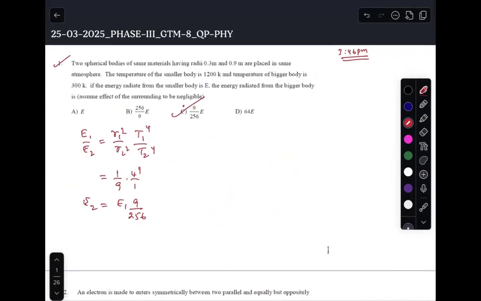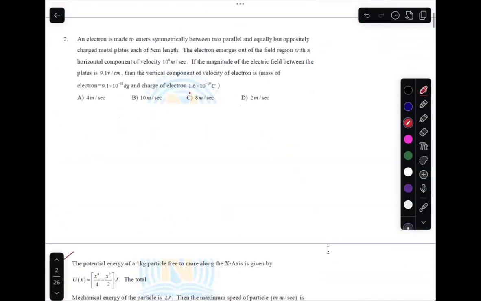So I need to consider the balance questions. Let us go for the second question. In the second question, an electron is made to enter symmetrically between two parallel and equally but oppositely charged metal plates, each of 5 centimeters length. Electron emerges out of the field of this region with a horizontal component.